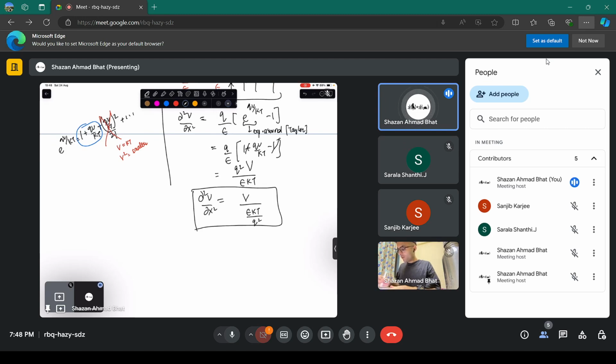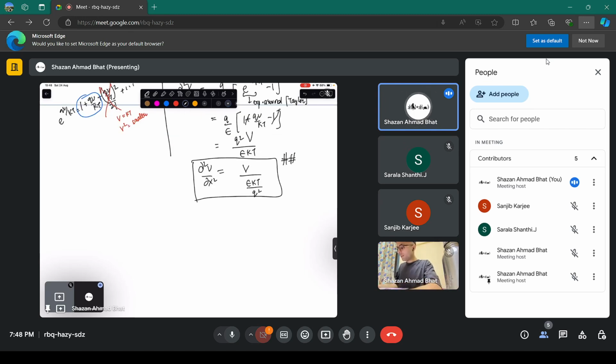You get this equation. Now you have to solve this equation numerically. You cannot solve this equation analytically, because it's a differential in v, and v is here as well. You have to put some potential, obtain a new potential, and loop it using certain numerical techniques.